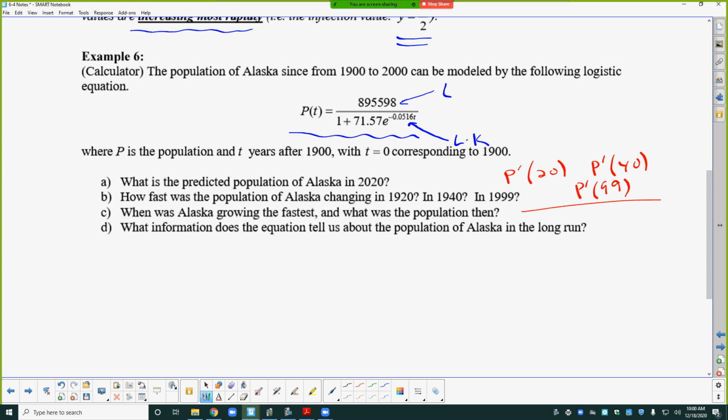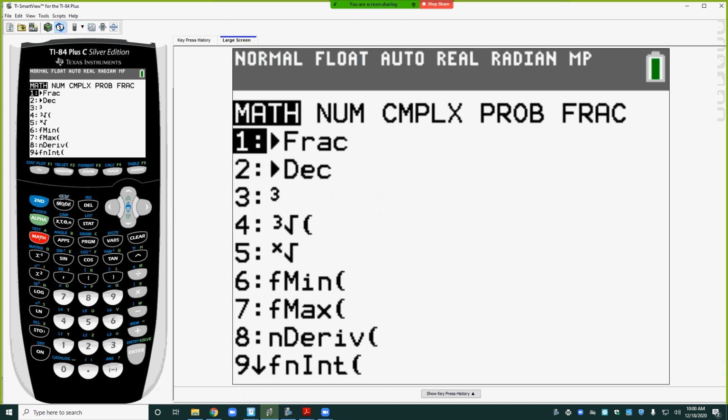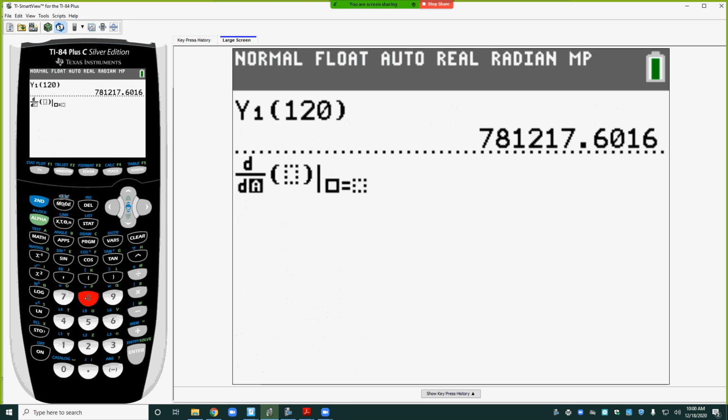And I can do that from the home screen. Math 8. Those of you with the old notation, you're going to type Y1, comma, X, comma, 20. Those of us with the new notation, type it in slightly different order.